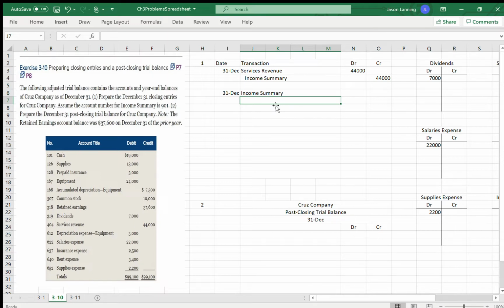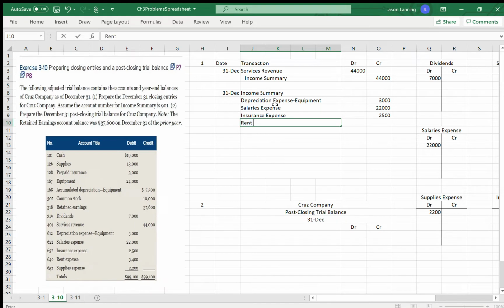So the first one, we look over on our trial balance, depreciation expense for equipment, and that is 3,000. And then we have salaries expense for 22,000. And again, remember, these are all debited, so to zero the account, we're crediting these. We have insurance expense, that is 2,500.